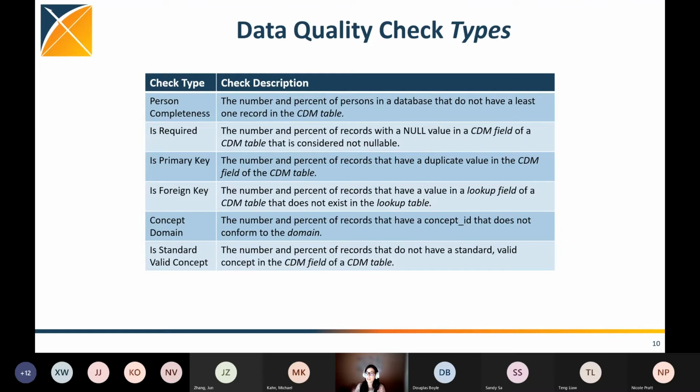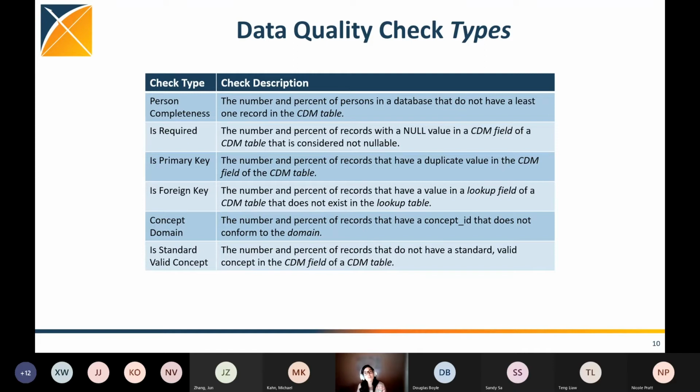So is it a foreign key? If you're familiar with the Common Data Model, you know we use specific standardized vocabularies that are based around concepts. So we check to make sure that every concept field in a table has its value also in the concept table itself.